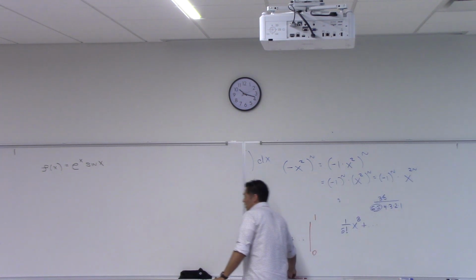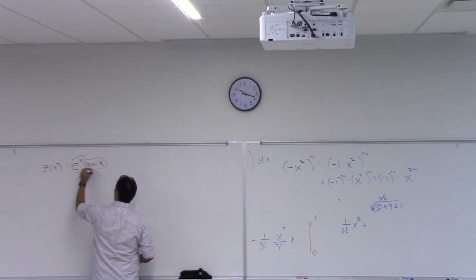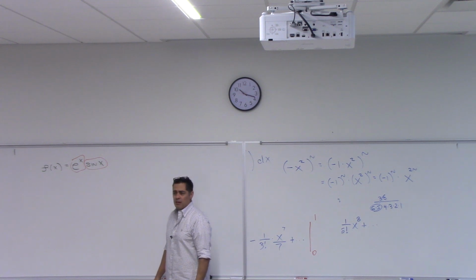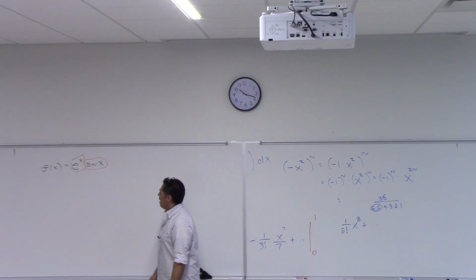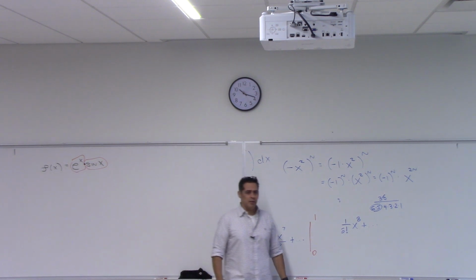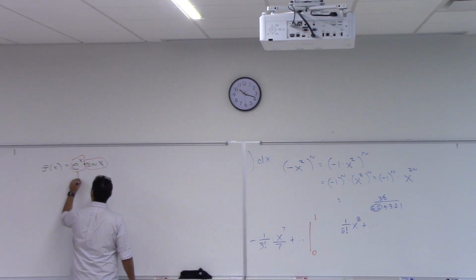Well, do you know the Maclaurin series for each of these? I know the Maclaurin series for that, and I know the Maclaurin series for that, don't I? So let me go ahead and write out what they are. And I have to do what with those two? Multiply them, right? So let's do the Maclaurin for e to the x.